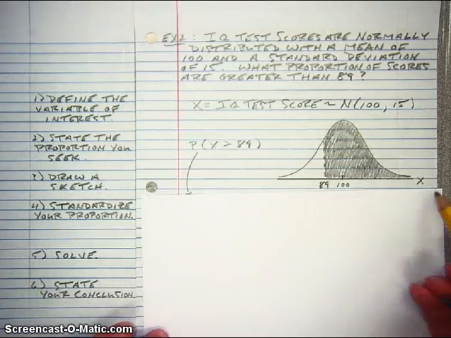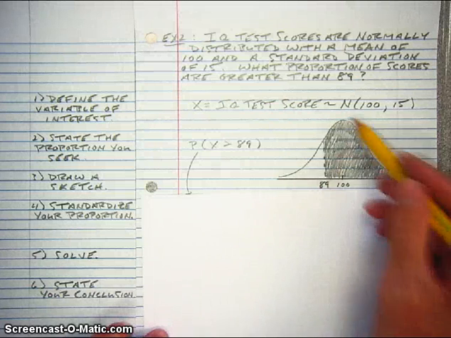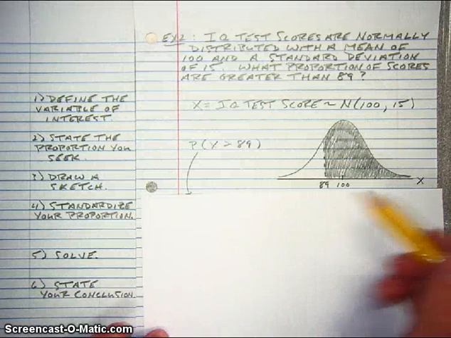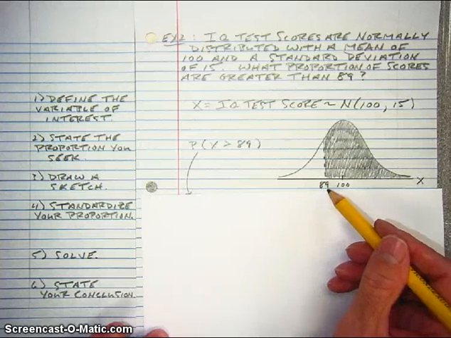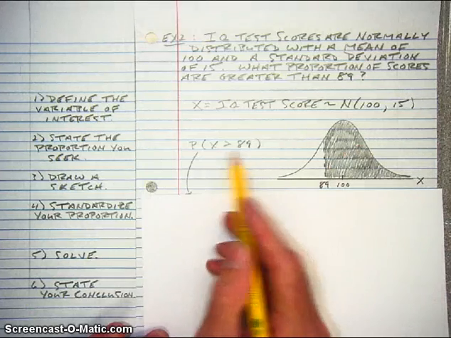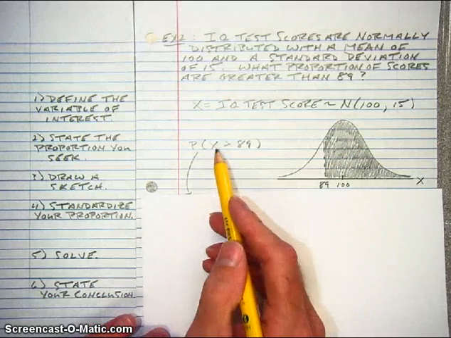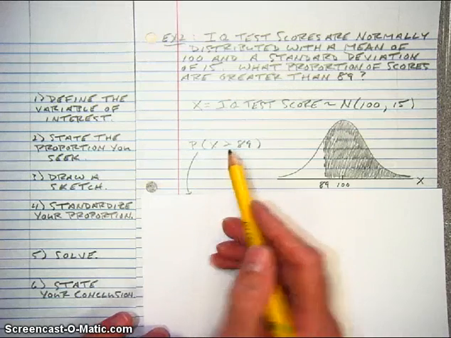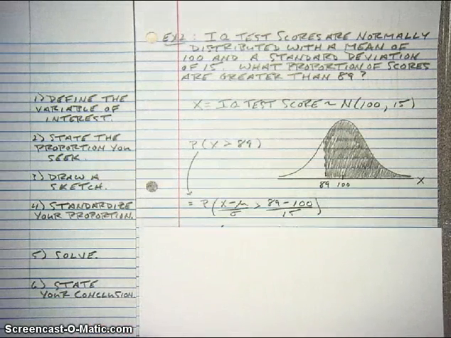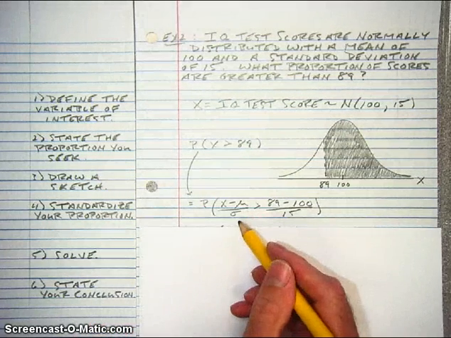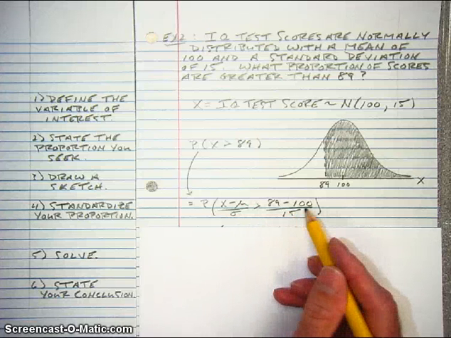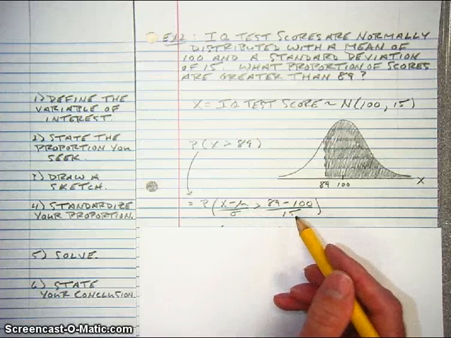We have an axis with a label on it. We draw the normal curve in. We indicate the mean. We indicate the boundary value of 89, and we shade to the right because we want the proportion of x's that are greater than 89. When we standardize this, we subtract the mean and divide by the standard deviation on both sides. And that's going to look like this. X minus mu over sigma on one side, 89 minus 100 over 15 on the other.